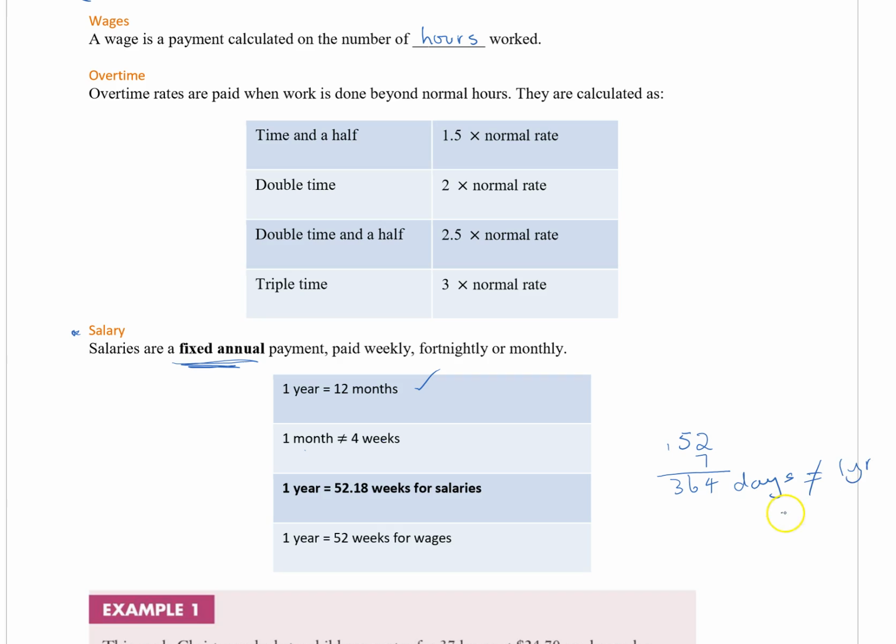We say that 1 year is 365 days. So that extra day is accounted for when we're talking about a salary, and so we talk about 52.18 weeks. And only use 52 weeks when we're talking wages. I'm going to stop the explanation there, finish the video up, and go through the examples in a separate video.